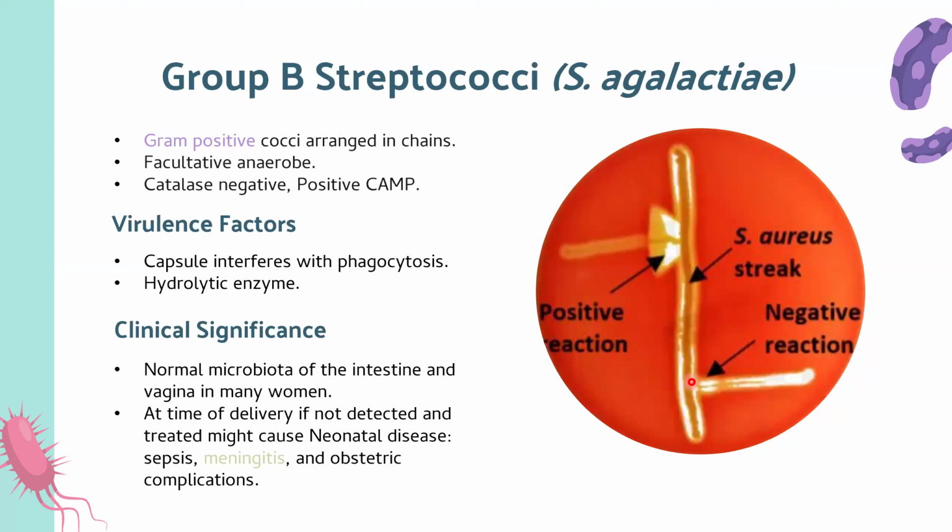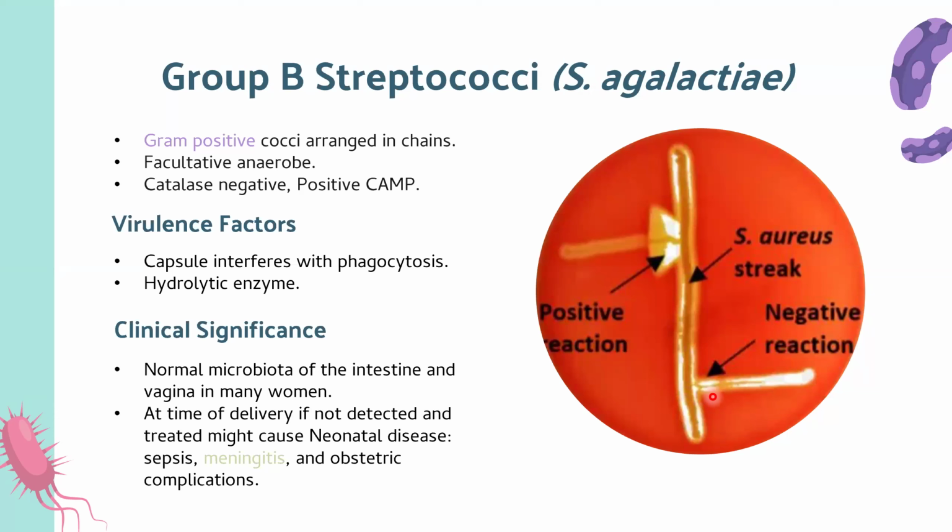Over here, we can see that if it were a different kind of organism, this is also beta hemolytic, right? So this could be strep pyogenes. It does not have this arrow type of configuration, and thus we can assume that it is not strep agalactiae, okay? So we do not only depend on the bacitracin test.